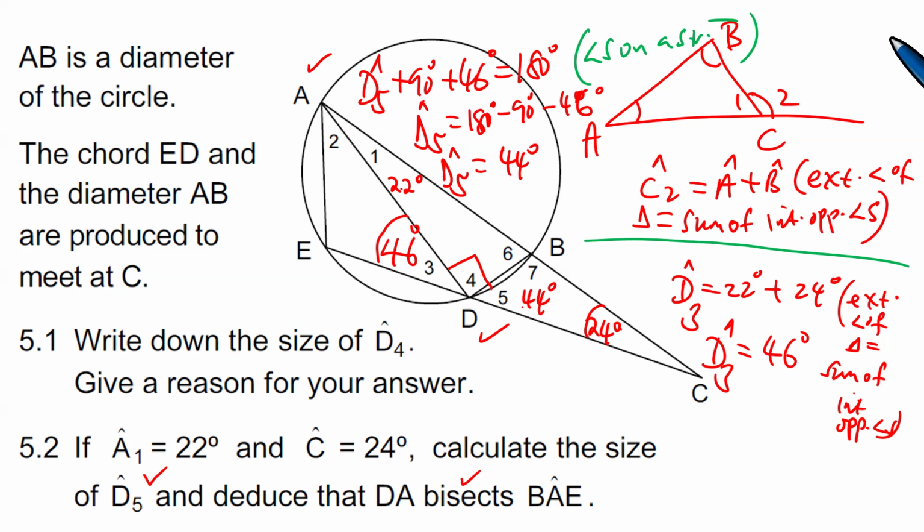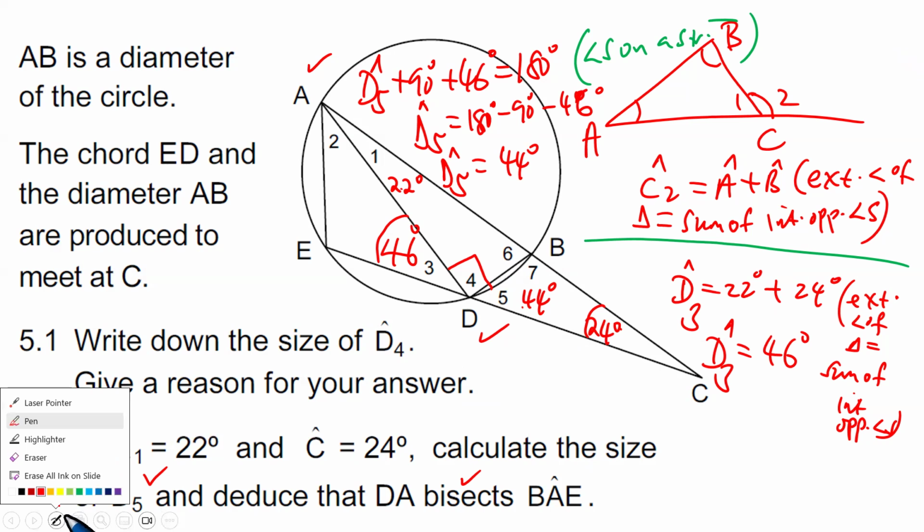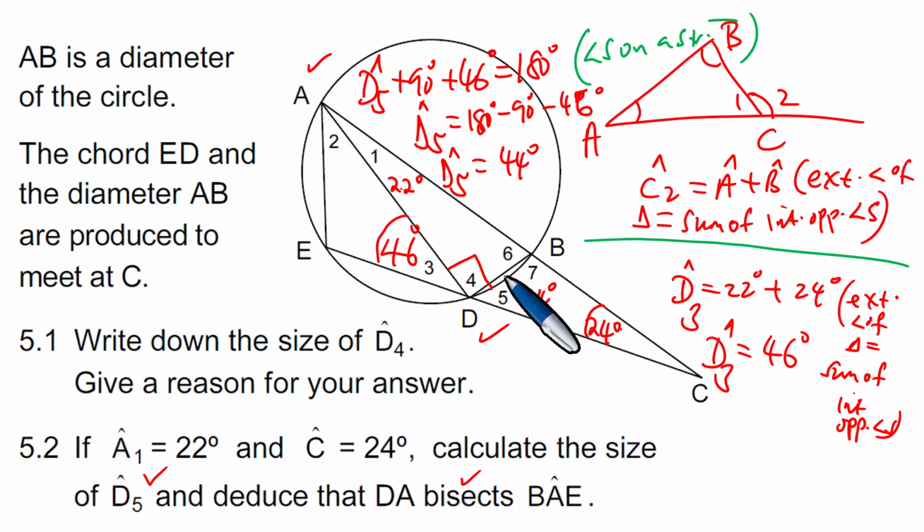All right, now we must just show that A2 is actually 22 degrees. This one is too easy, because you already know the exterior angle. I know that you know the exterior angles very well. So this one here is equal to this one.